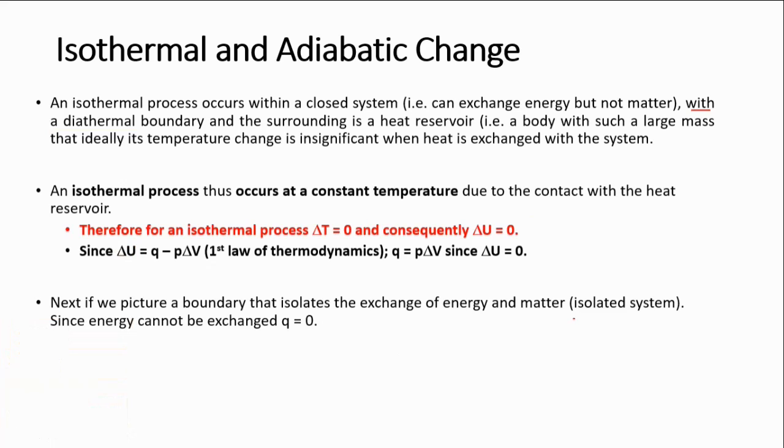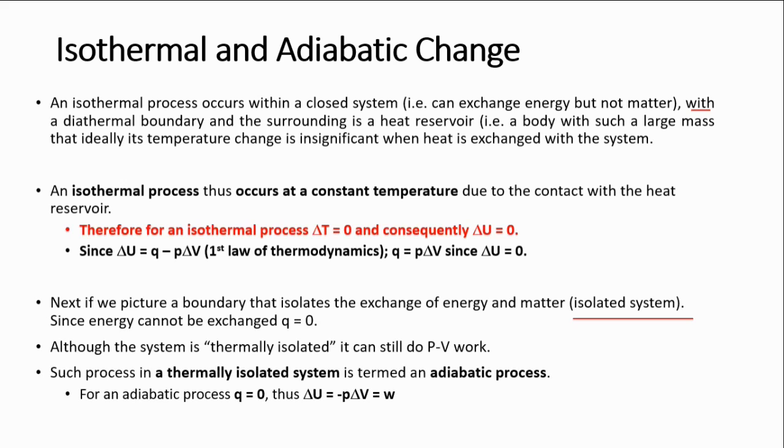So that's what an isolated system is. Although the system is thermally isolated, it can still do pressure volume work. And this is really the definition of an adiabatic system. An adiabatic system is one in which no heat, or let's say energy, because heat is a form of energy, or matter can be exchanged with the surroundings. However, the system can still do work.